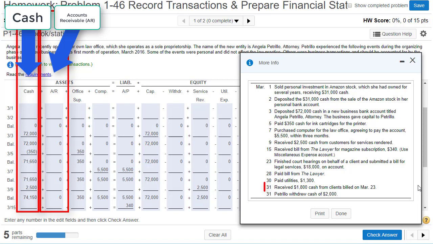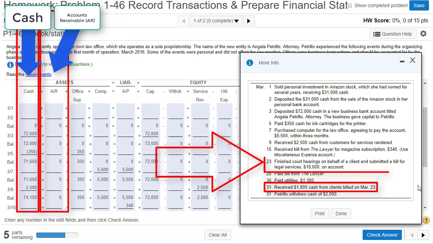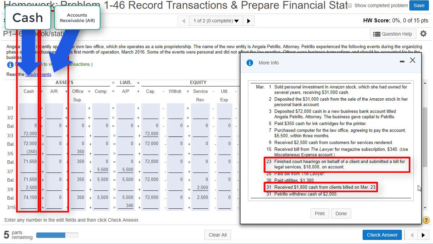March 31st, received $1,800 cash from clients billed on March 23rd. So back on March 23rd, we sent a client a bill for $18,000. We increased accounts receivable, AR, to show that they owed us that much.